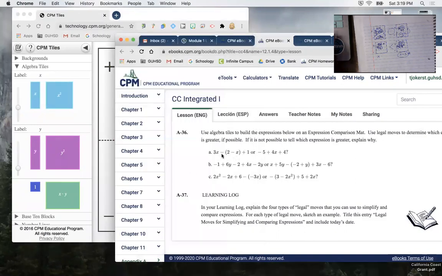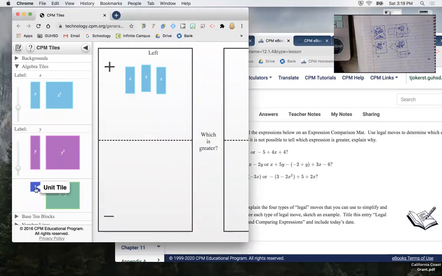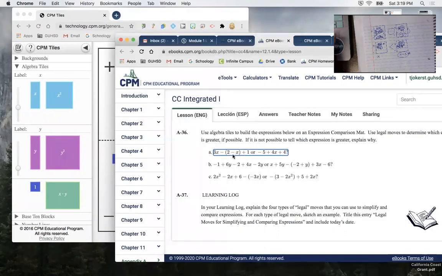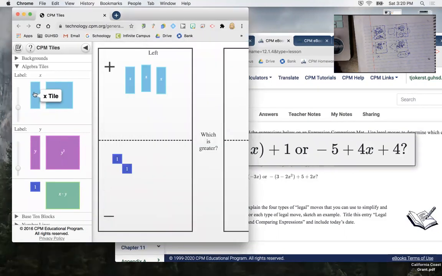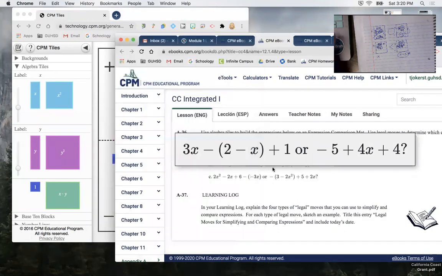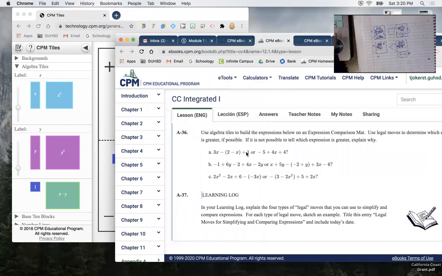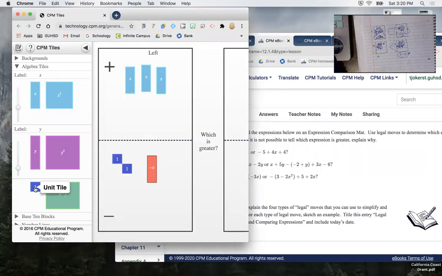And now on the negative, I have a positive 2, so down here on the negative, I have positive 2, 1, 2, and a negative x. So I'm gonna move an x here and make it negative. Let me make sure that's all there is. Oh no, and then there's a plus 1 too, a plus 1 on the outside. So I'm gonna put that plus 1 up here, because it's positive.